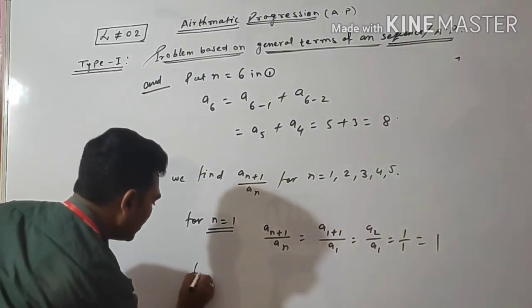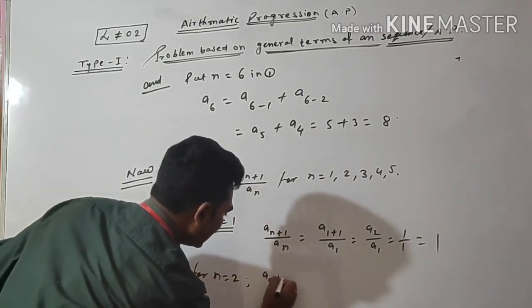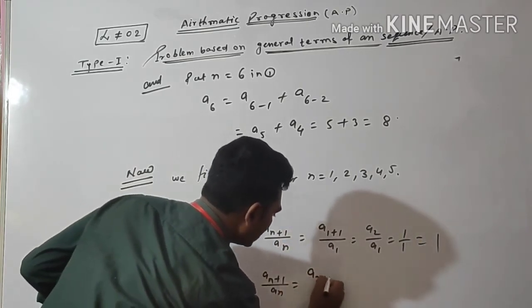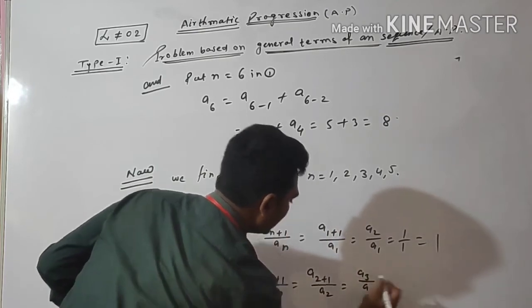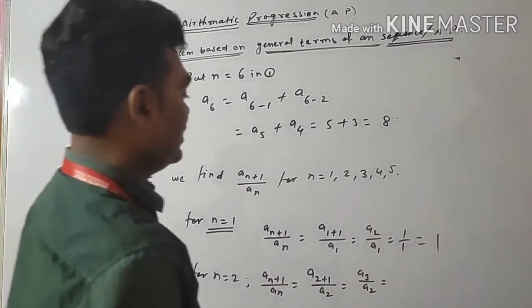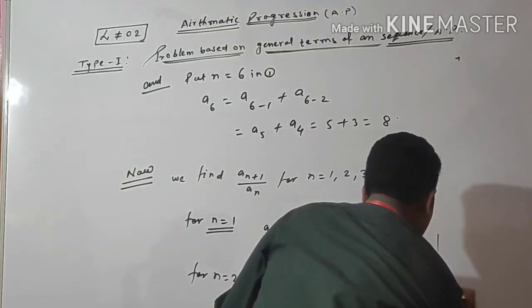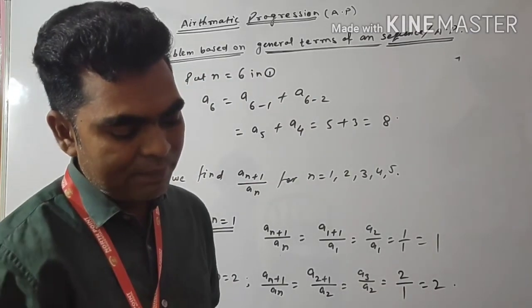And second, for n equal to 2: a(n+1) by a(n) equals a(2+1) by a2, and this equals a3 by a2, and a3 is 2, so 2 by 1 equals 2. Got it? Any problem?